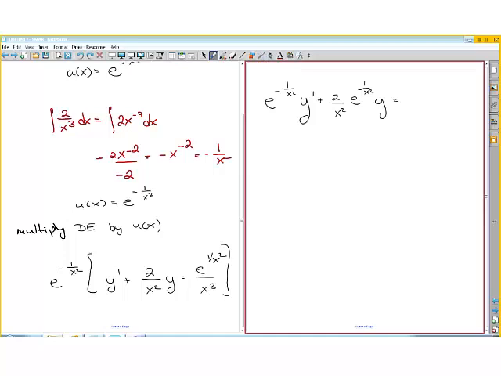And on the right-hand side, we have e to the minus 1 over x squared times e to the 1 over x squared. So when you add this exponent to that exponent, you get e to the 0. So the right-hand side just becomes 1 over x cubed.